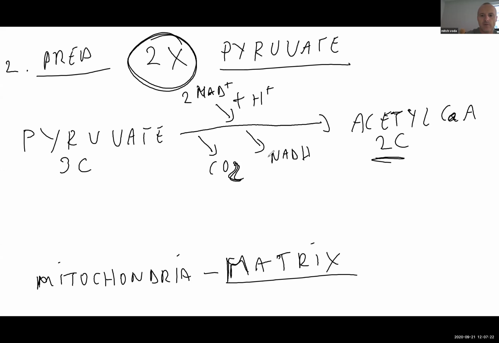Oh, I'm sorry, it's only 1 NADH for each molecule of pyruvate, not 2. Since there are 2 pyruvates, it would be 2 total NADHs. So for each molecule of pyruvate, there is 1 NADH produced and 1 carbon dioxide. Since there are 2 pyruvates, this is going to happen twice.